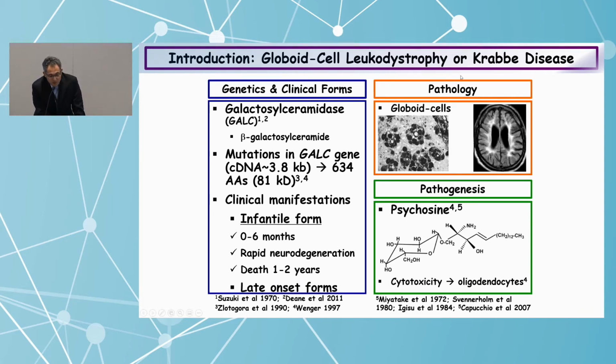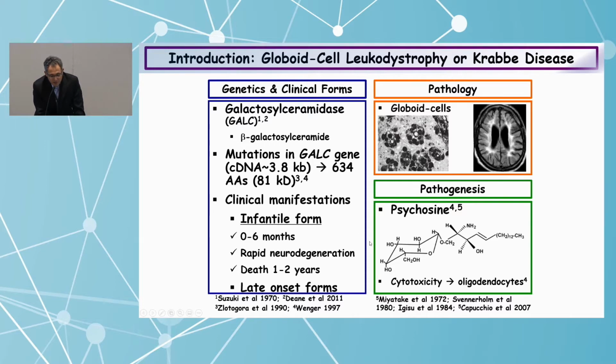So from the pathology standpoint, the classical pathological hallmarks are those multinucleated cells, the globoid cells, therefore globoid cell leukodystrophy, and a diffuse demyelination, frontoparietal and occipital, with secondary diffuse brain atrophy.